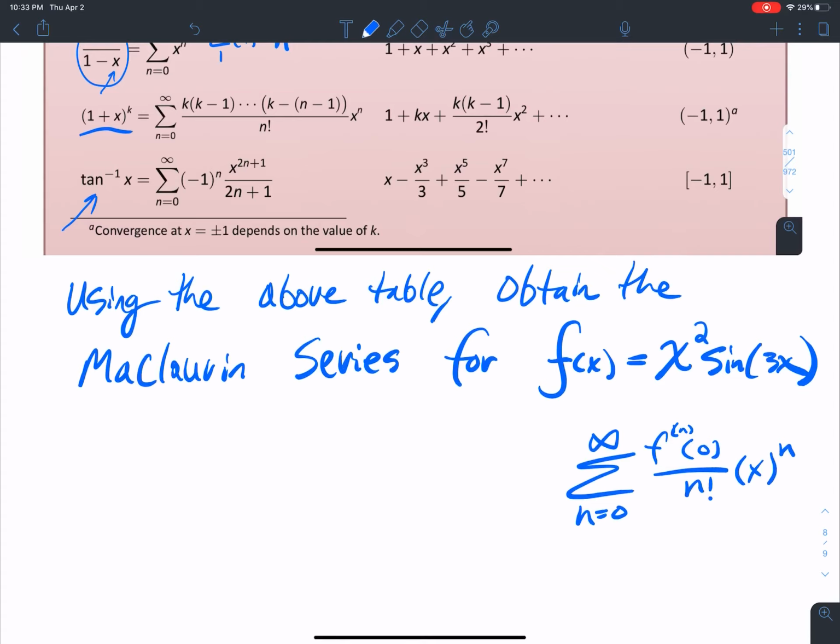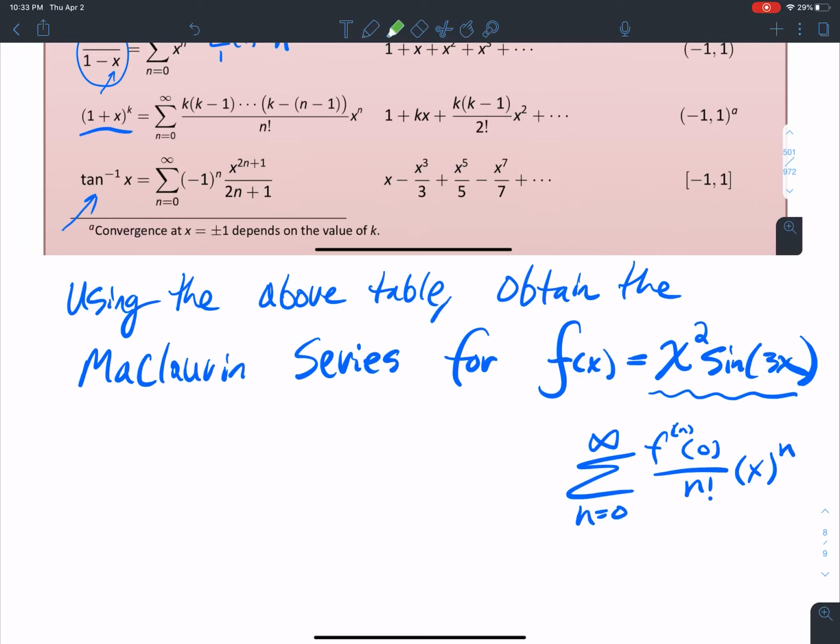So you'd have to take derivatives of this. Now, the first derivative, you'd have to use a product rule to do it. But then that next derivative, you'd have to use a couple of product rules, and all this goes on forever and ever, the more derivatives that you take. So it's kind of a nightmare. So you want to use the table to your advantage.